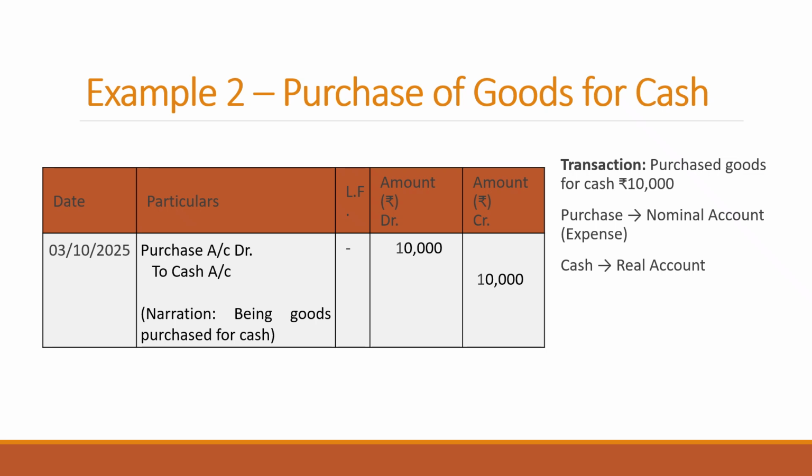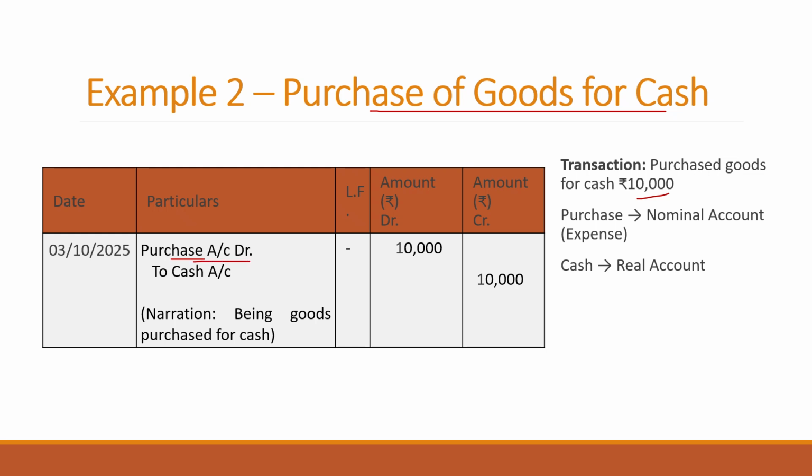Let us check the next example. The next example is about purchase of goods for cash, rupees 10,000. Purchase is an expense. We are spending money to get some goods into the business. Purchase account is a nominal account, so it needs to be debited.